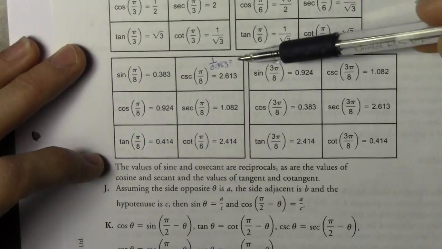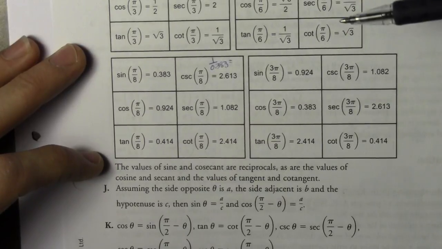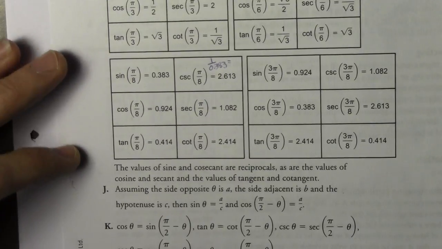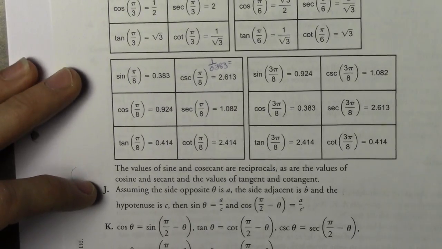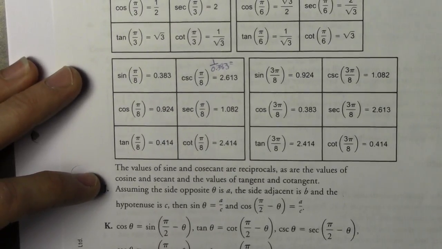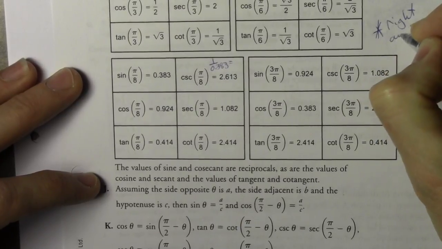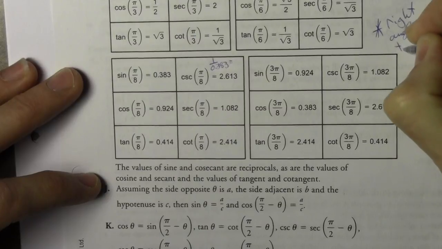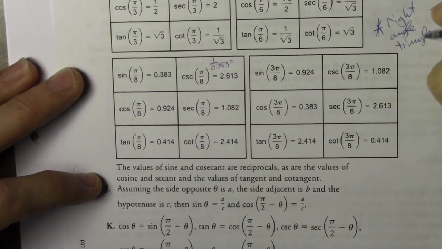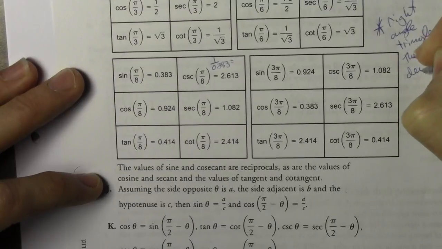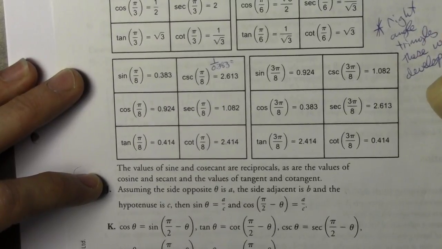That's the whole point of this: we're just proving those relationships between sine, cosine, secant, using a random angle and a right triangle. Remember, again, these are only for right angle triangles. They were developed using right angle triangles, but they would work for any angles.